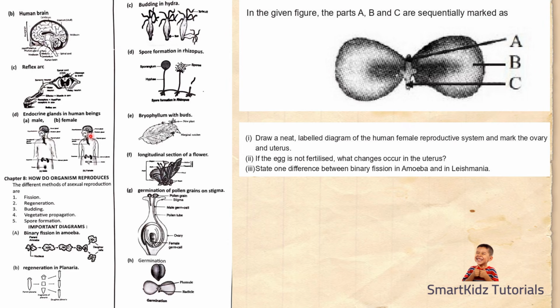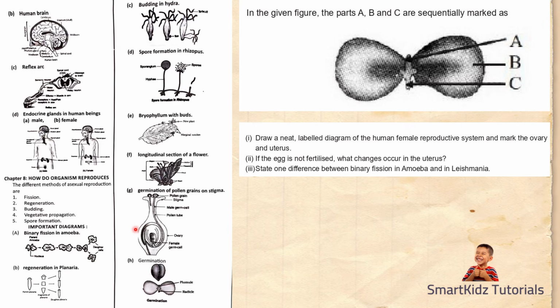Next we come to how do organisms reproduce, chapter number 8. This speaks about reproduction, where you should know the different forms of asexual reproduction. Reproduction can be sexual or asexual. In asexual, only one parent is needed.